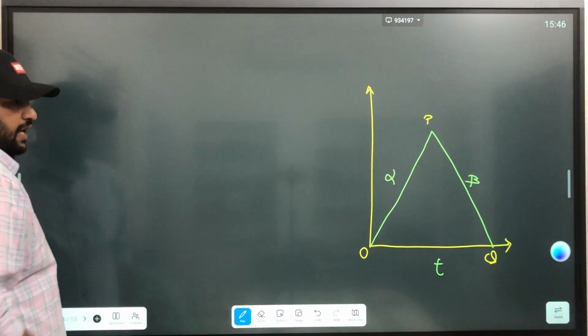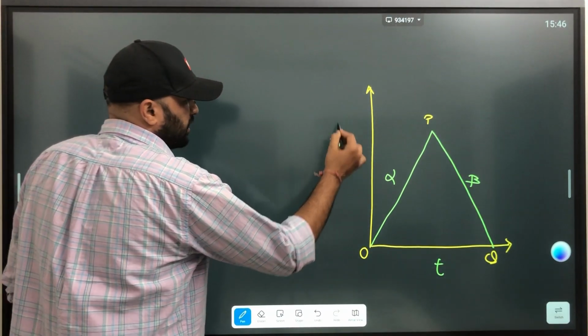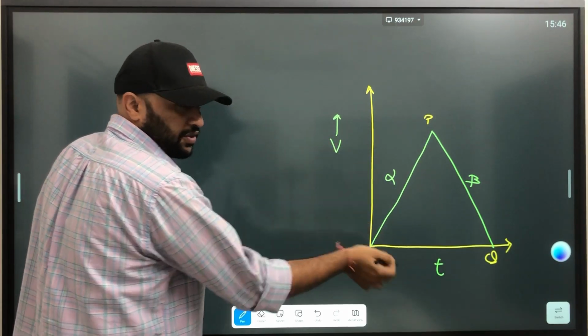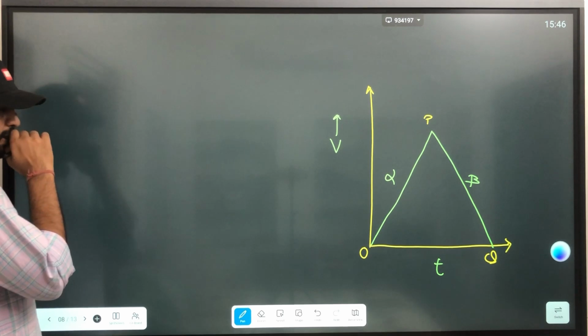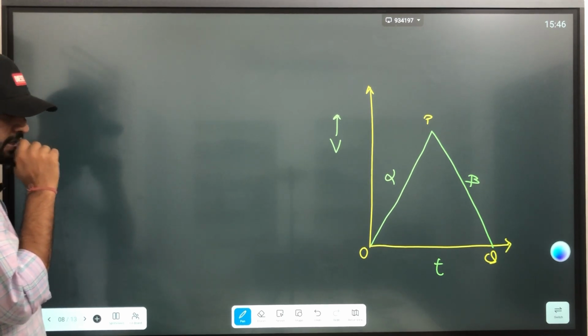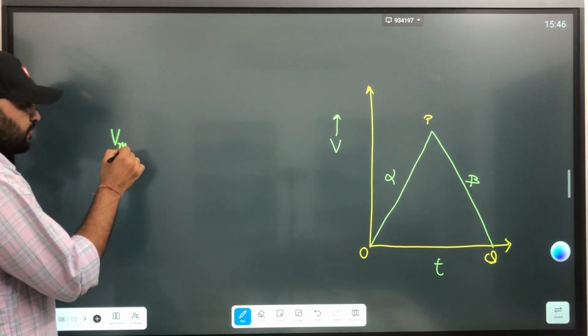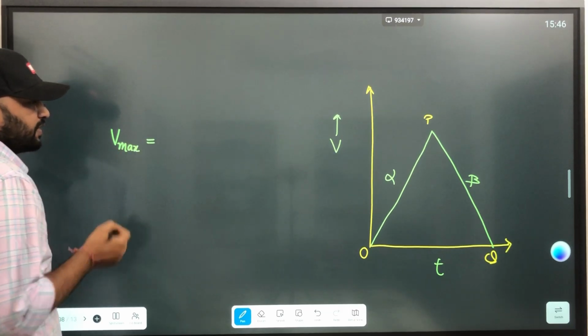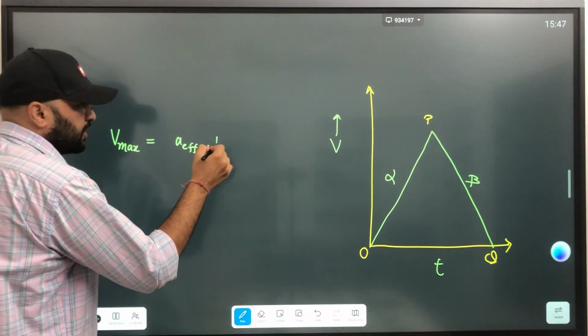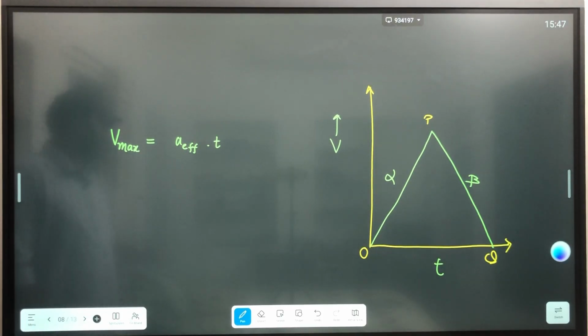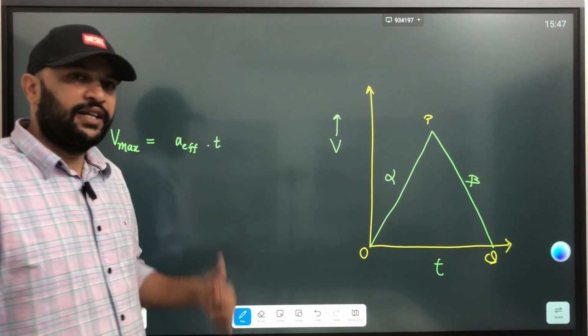Then in such a scenario, the velocity-time graph is of this kind, right? Then in that case, you should always remember that maximum velocity Vmax must always be equal to A effective into time t. Clear?